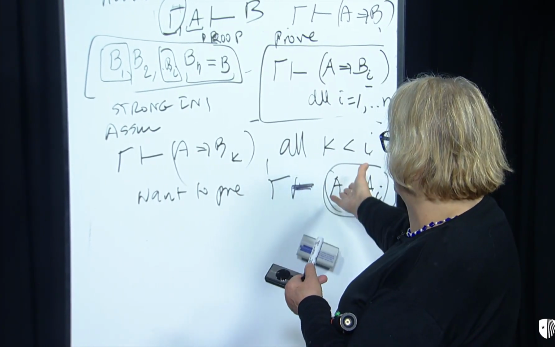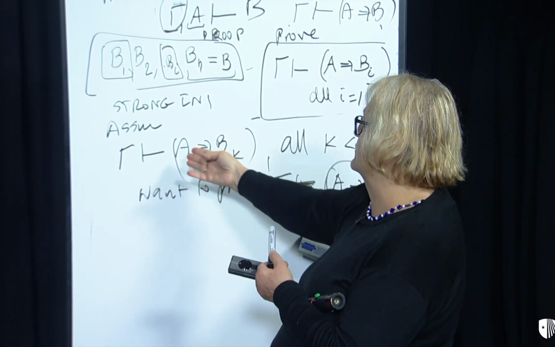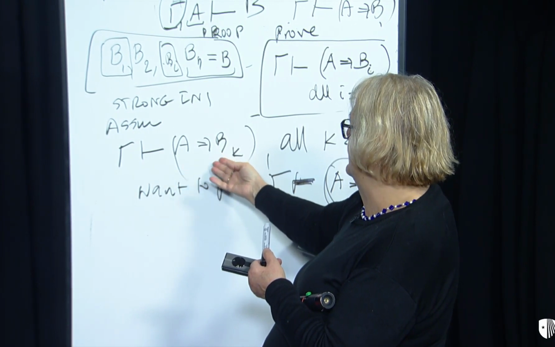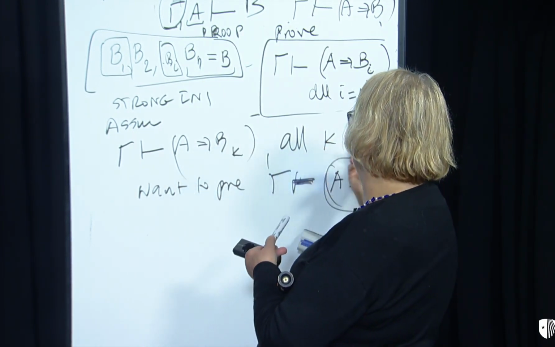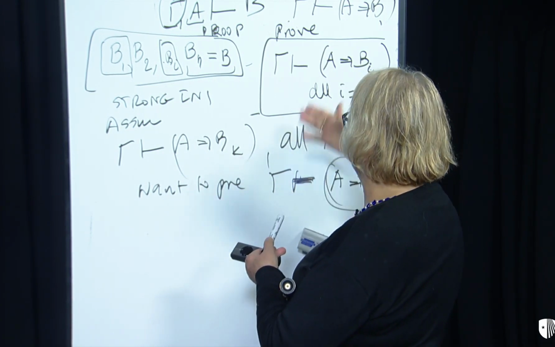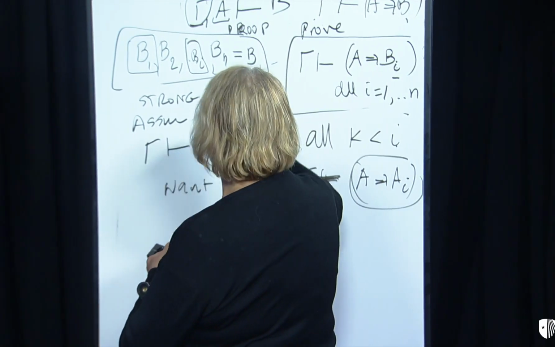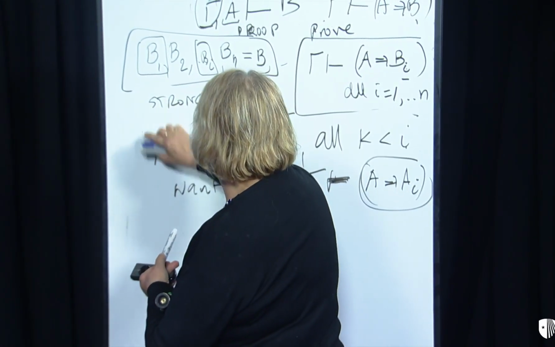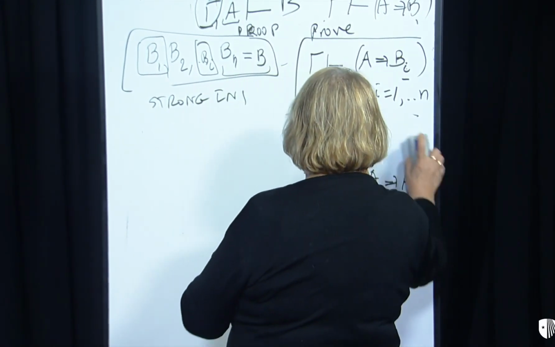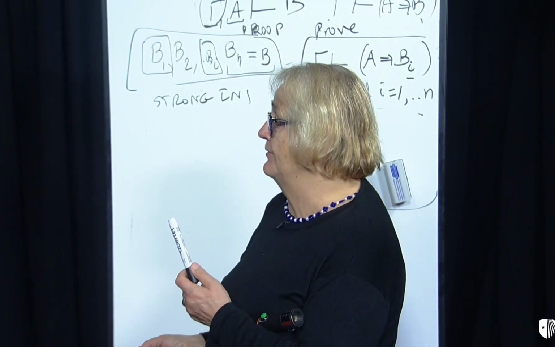So this is now our proof: we assume that gamma proves A implies Bk for all k less than i, and I want to prove it for i, and by induction you have that it is for all i. Now we have the assumption, and let's see what we have.